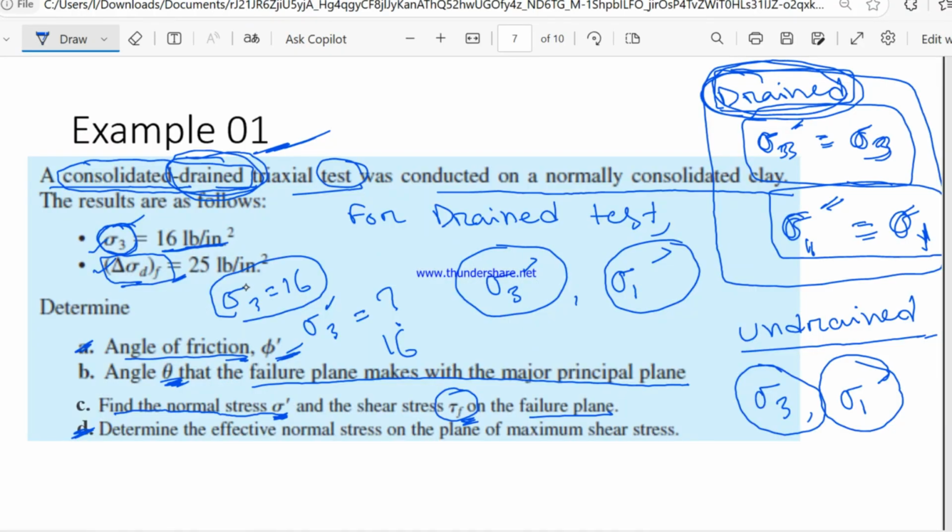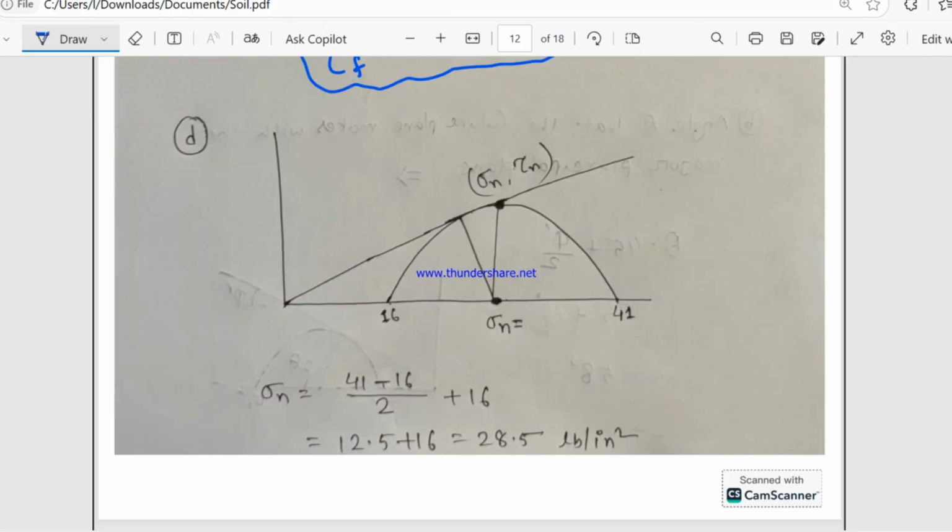Next question: determine the effective normal stress sigma n on the plane of maximum shear stress. So, what is the maximum shear stress point? In the Mohr circle, this axis is for shear stress, and this axis is for normal stress. The shear stress increases, and then the shear stress drops.